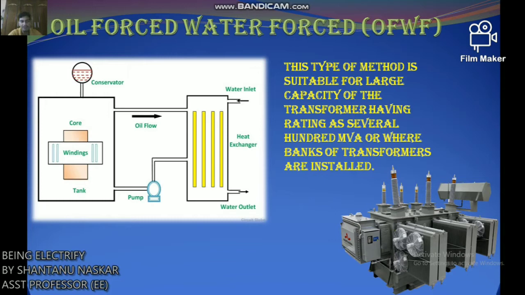This type of method is suitable for large capacity transformers having a rating of several hundred MVA, or where banks of transformers are installed. Mainly this type of cooling is used for transformers installed at hydel power plants.